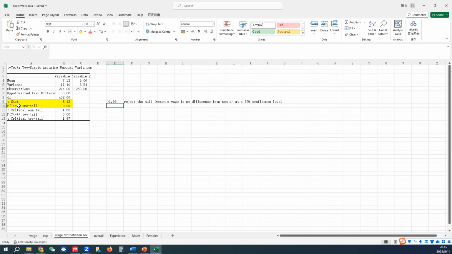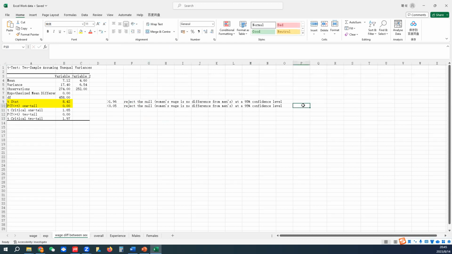Okay, and here the p-value is even smaller than 0.01. Of course, it is smaller than 0.05, so again, we can reject the null at a 95% confidence level. It is even smaller than 0.1.